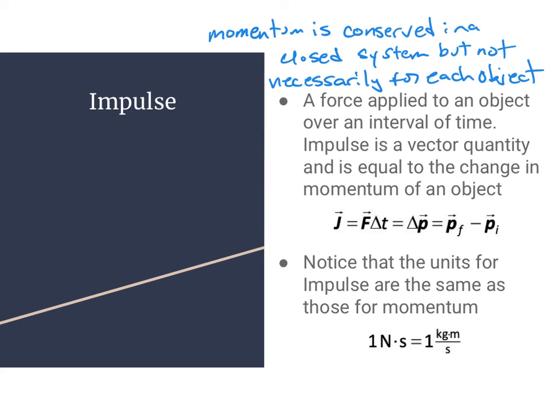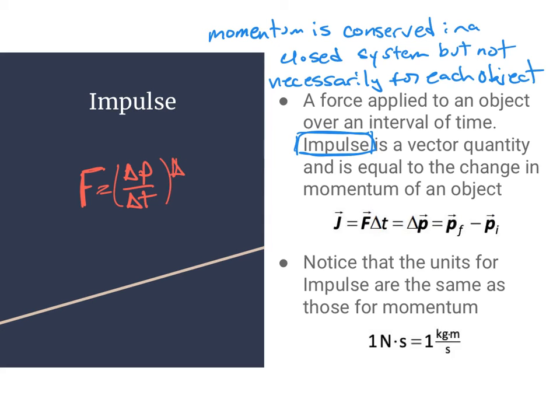So that change in momentum that an object can experience is what we call impulse. So impulse is equal to the change in momentum, and our change in momentum is equal to F delta t, and that comes from where we said, remember, that force is equal to the time rate change of momentum, delta p over delta t.